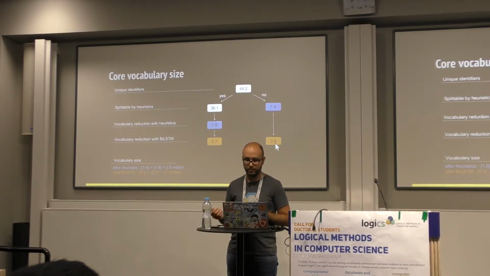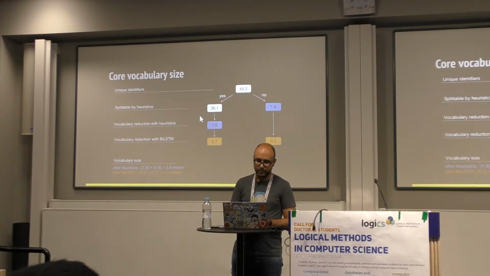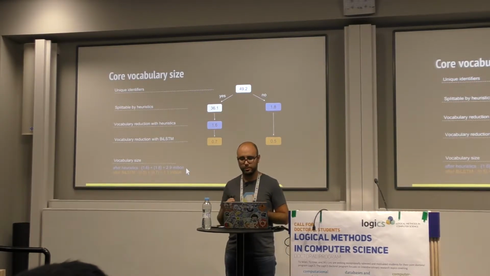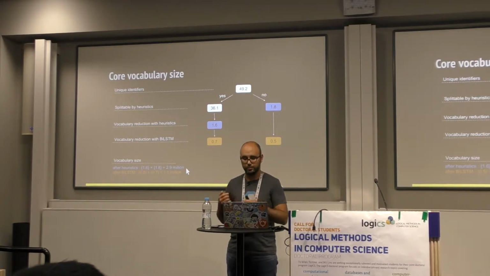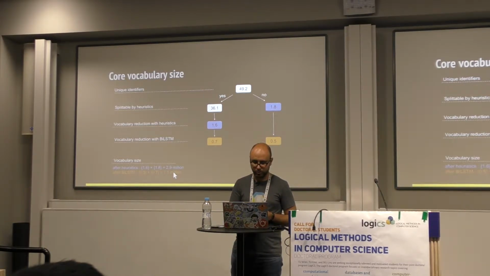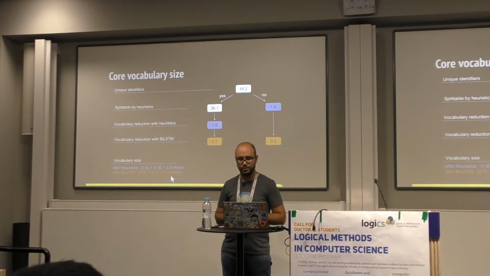So you reduce the vocabulary by more than 3 times. And as for the ones which were split, you reduce the vocabulary 2 times. And once you merge both branches, because you're interested in all identifiers, not only those which are splittable or not splittable, you go down from 2.9 million to 1.1 million, which is 60-something%.